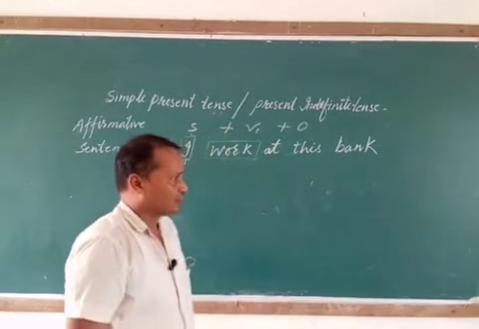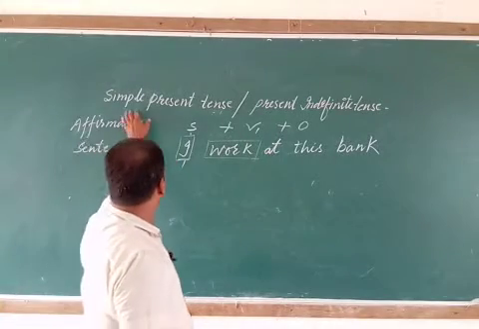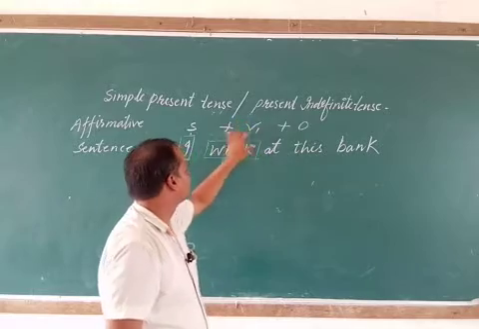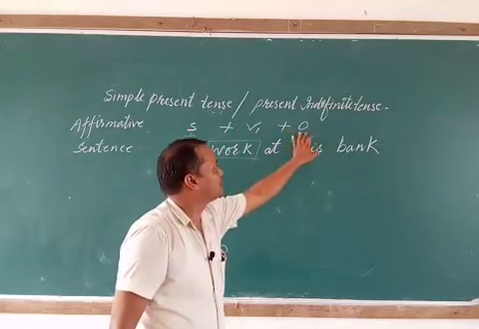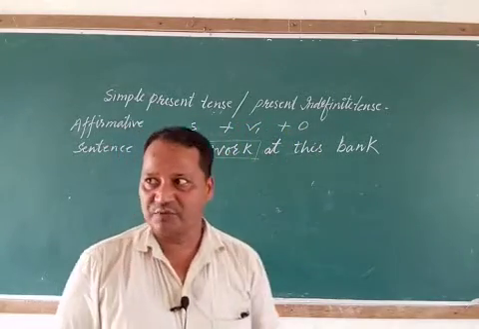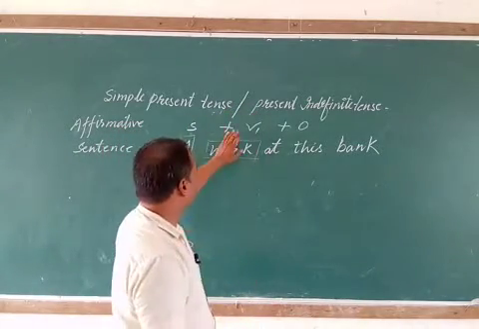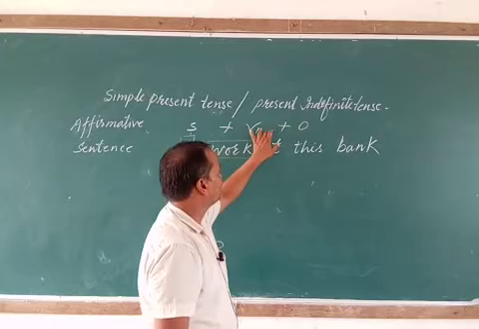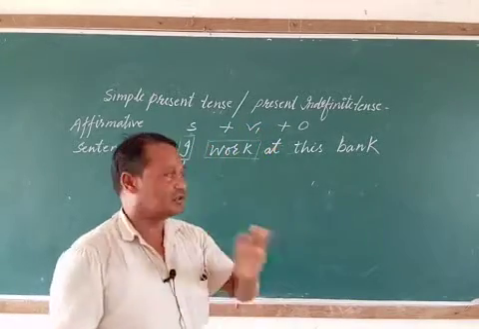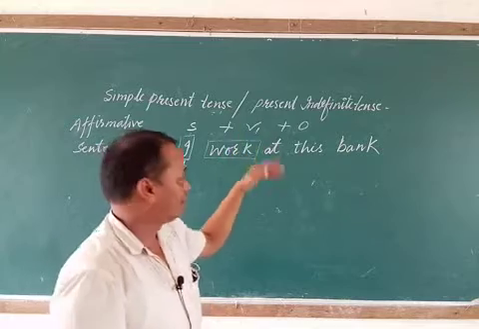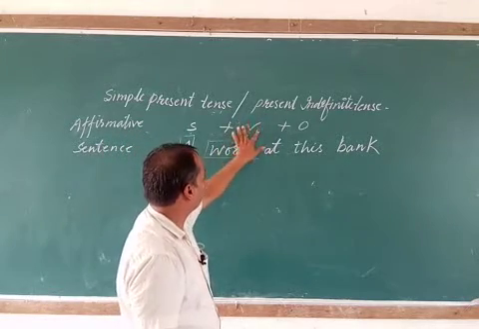So if someone says simple present tense, it means the first form of the verb. Means subject and object are not going to change. The changes come into the verb form. Always the changes come into the verb part. So we will look at the verb part in tenses.